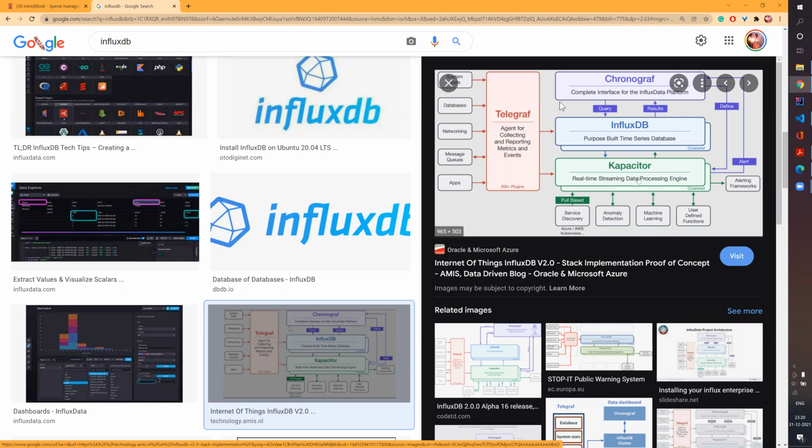Whenever it is doing some aggregation, it can tell Kapacitor for any alerting purpose, like runtime aggregation. For visualization, it has Chronograf here. Once the aggregated attributes are shown, via alerting we can have anomaly detection and a couple of other things. So this is a professional solution.